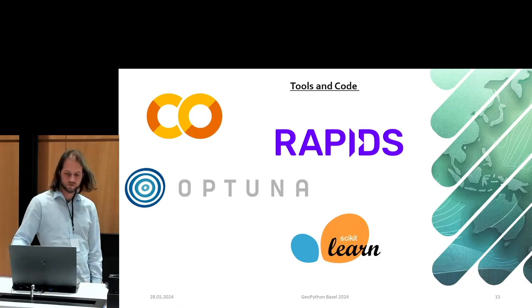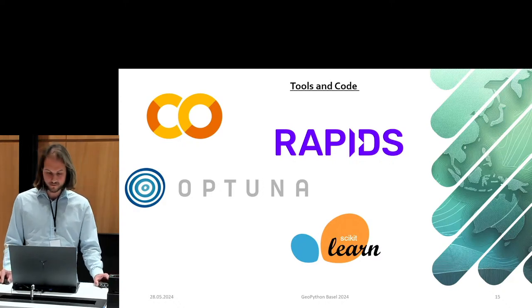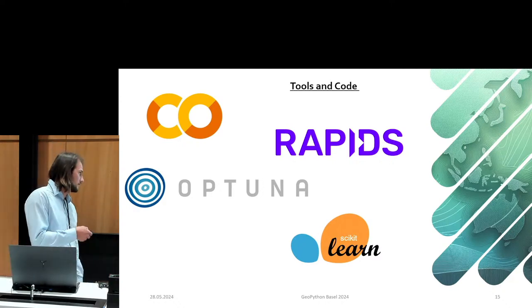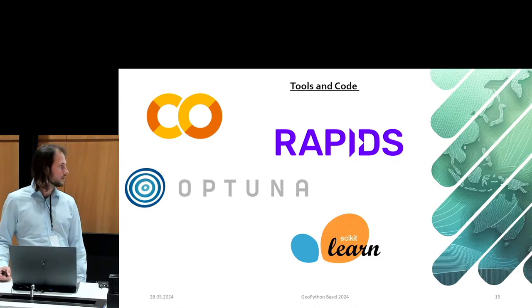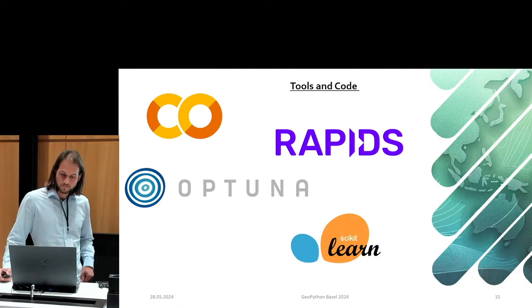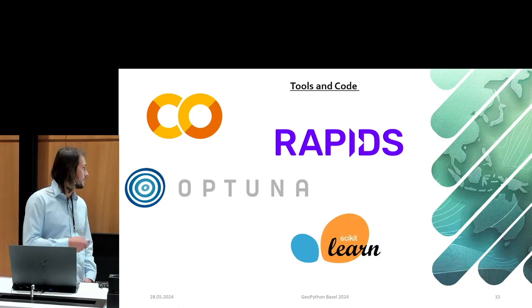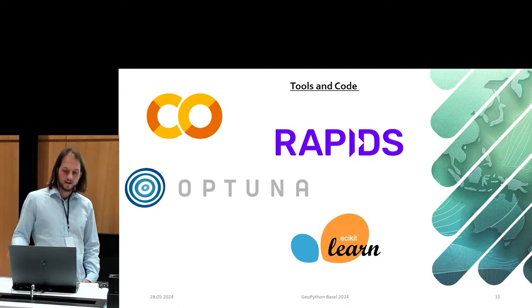So we used RAPIDS besides other frameworks. Normally we did our machine learning in scikit-learn and used Optuna for our hyperparameter optimization, and now we came up with RAPIDS.